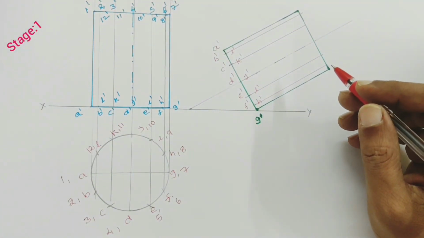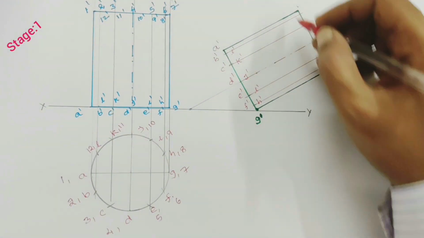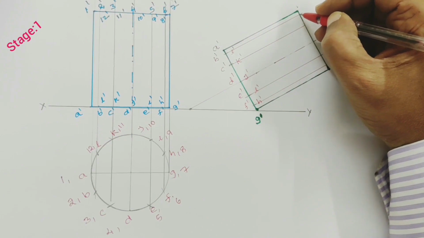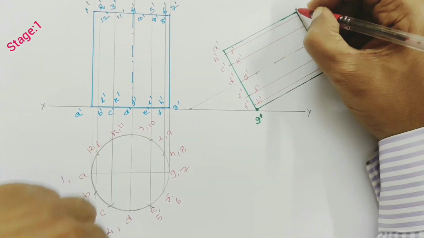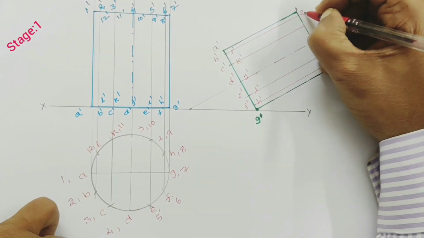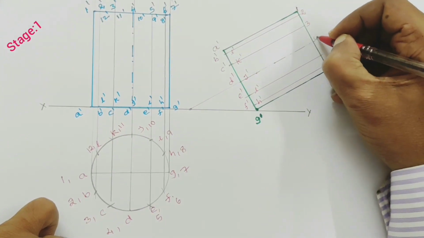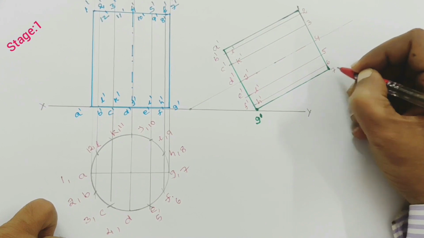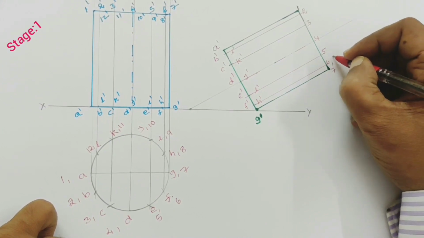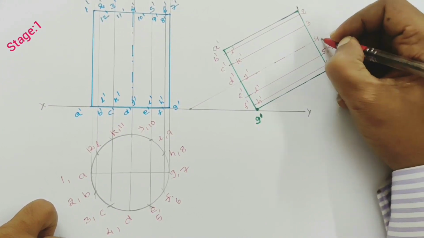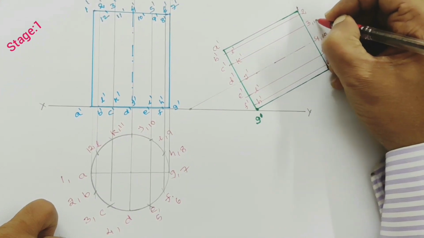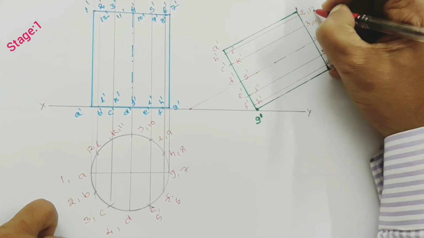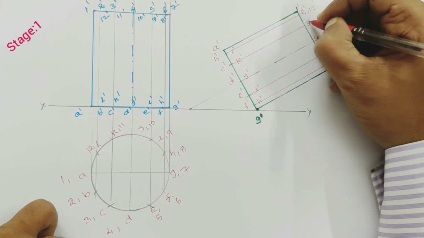Next, name these points. Say 1, 2, 3, 4, 5, 6, 7, 8, 9, 10, 11, 12 with primes.